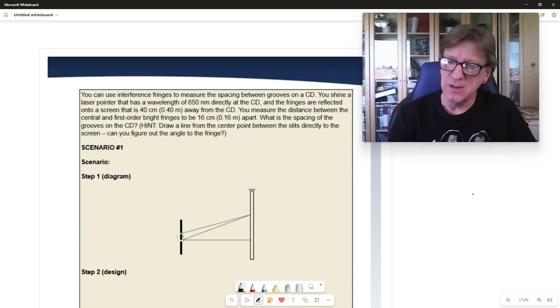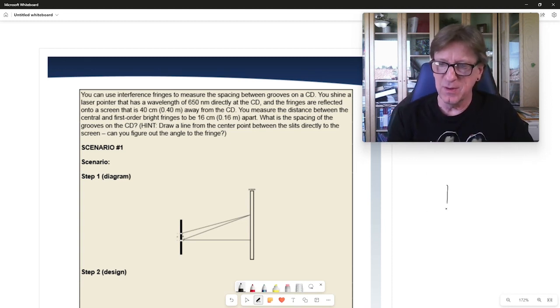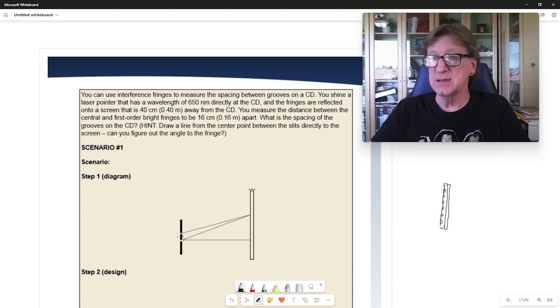So I've got basically a reflective surface here, a mirror, say, and then on top, I've got some plastic that I'm burning these grooves into. And those bumps, that's what encodes the data. Those things are very, very close together. Now, remember that if I have a light ray coming in, if it hits the mirror part, it's not going to be affected. It's just going to come straight back.